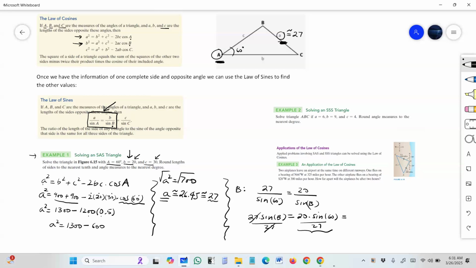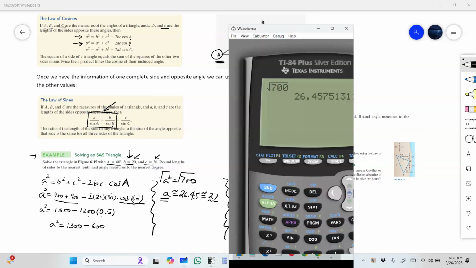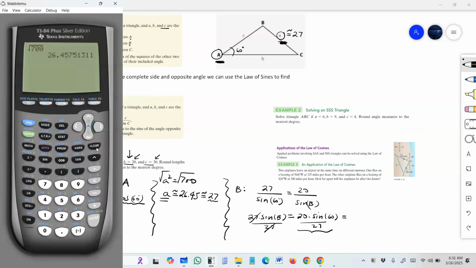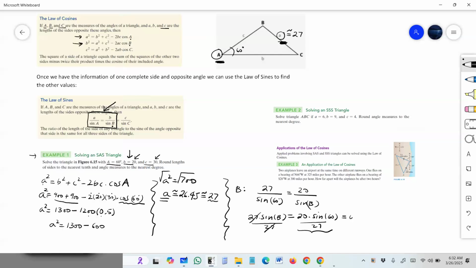I'm going to do that on the calculator, obviously. So 20 times sine of 60 degrees divided by 27. We get 0.6415. And now I have that sine of B is equal to this value.